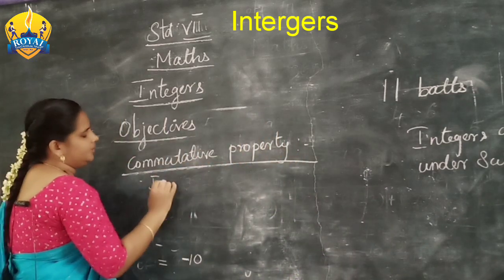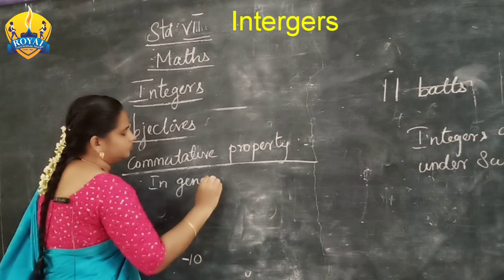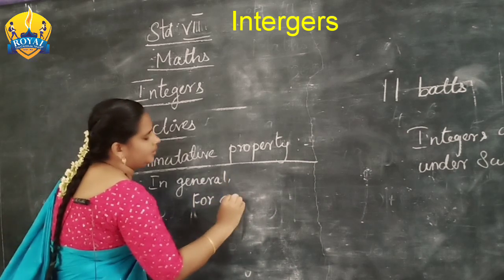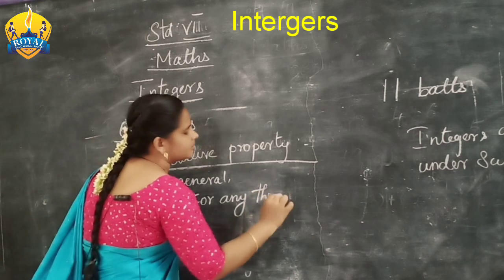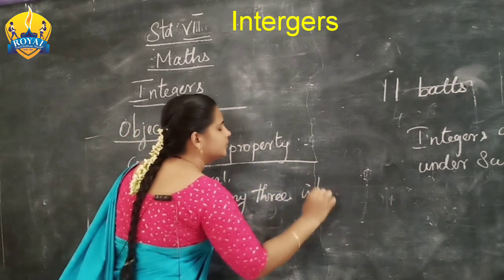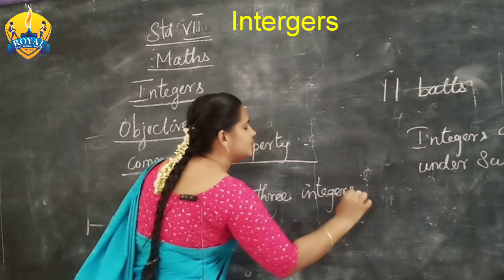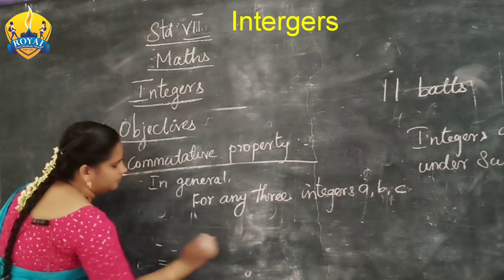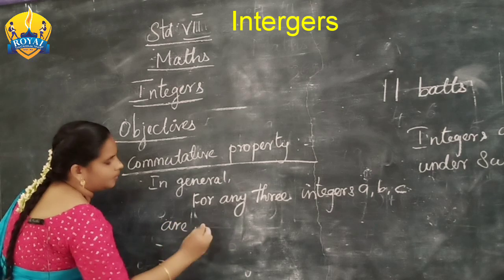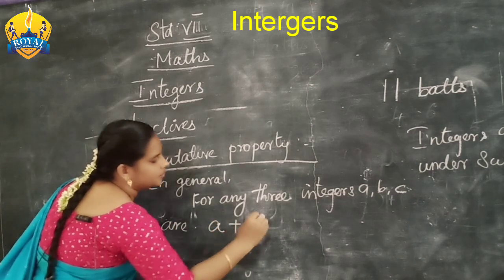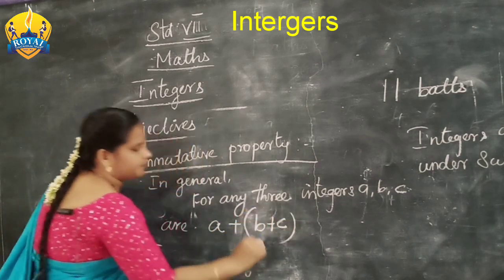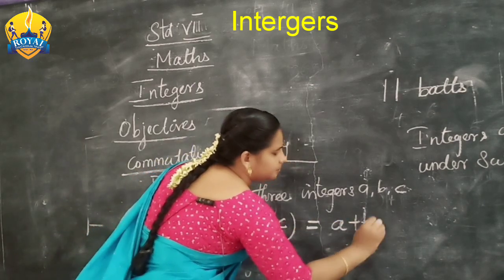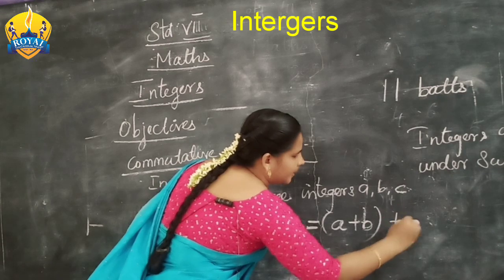In general, for any three integers a, b, c, a plus b plus c is equal to a plus b in brackets plus c.